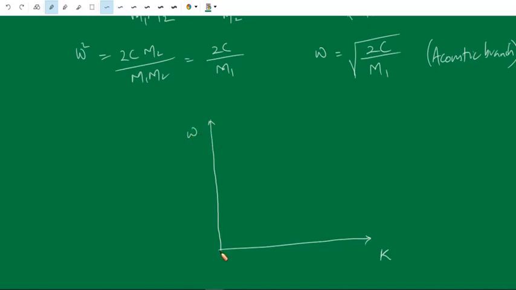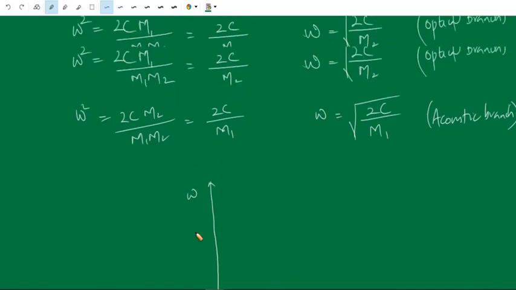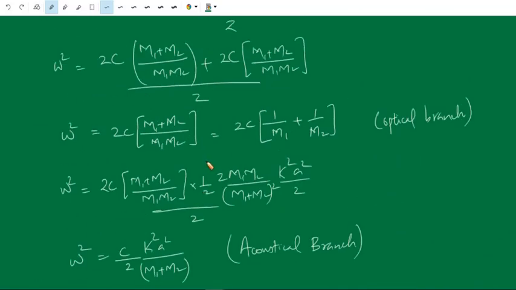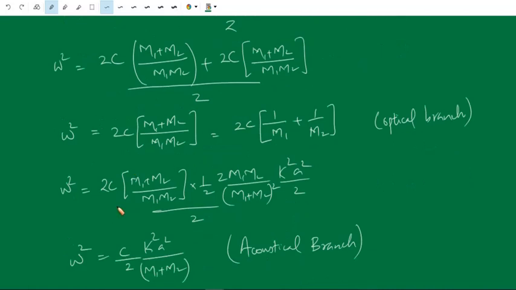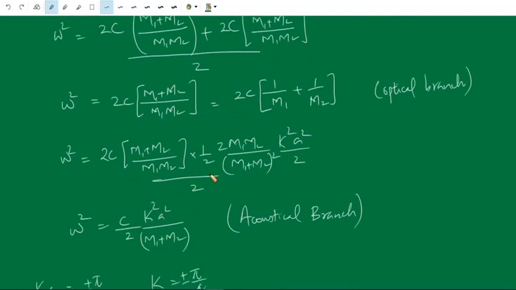When k tends to 0, we have neglected this term. At k equal to 0, this term will be neglected. Therefore, omega square is equal to 2c(1/m1 + 1/m2). Okay, so that is the optical branch.